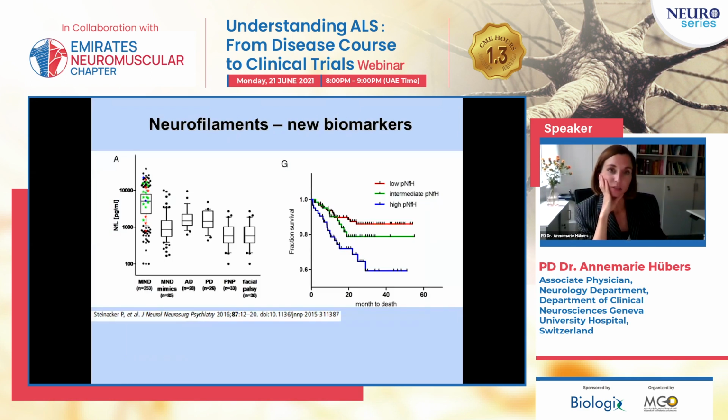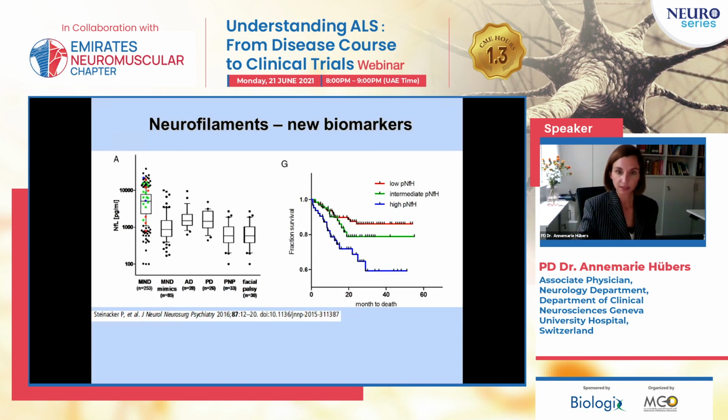Just some words about possible biomarkers. There has been a nice paper published in JNP in 2016, showing that so-called neurofilaments in the CSF can distinguish between ALS or MND here on the left and MND mimics, and even the level of these neurofilaments might predict disease progression.